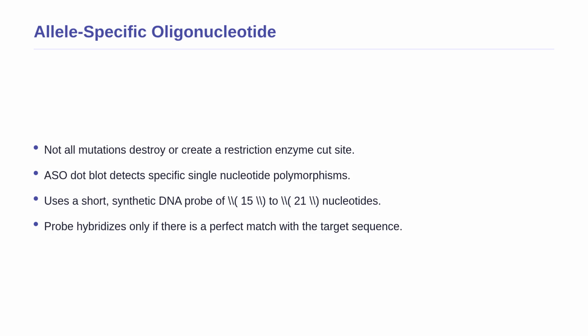To figure out which is which, you create a highly sensitive mold that only perfectly fits the unscratched key. ASO works just like this mold. It uses a short, custom-made piece of DNA designed to stick perfectly to the normal gene, but it will fail to stick if there is even a single mutation.